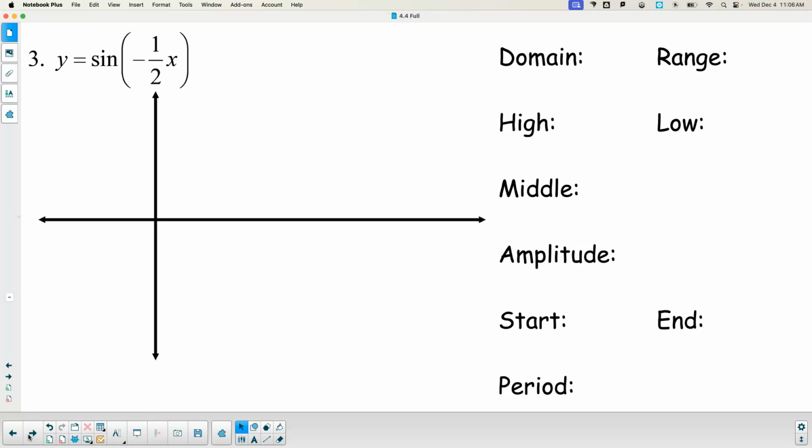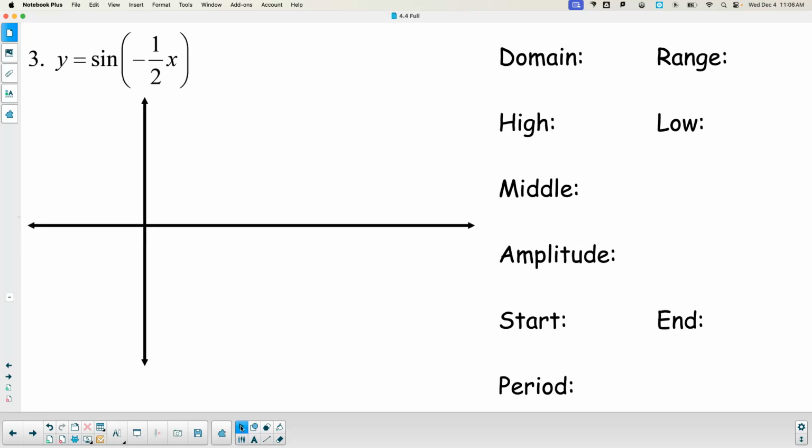Let's do this one. Now, the kicker here is negatives. You gotta pay attention to negatives. What I mean by that is you've got to look to see where the negatives are. If it's a negative A value, it flips automatically.